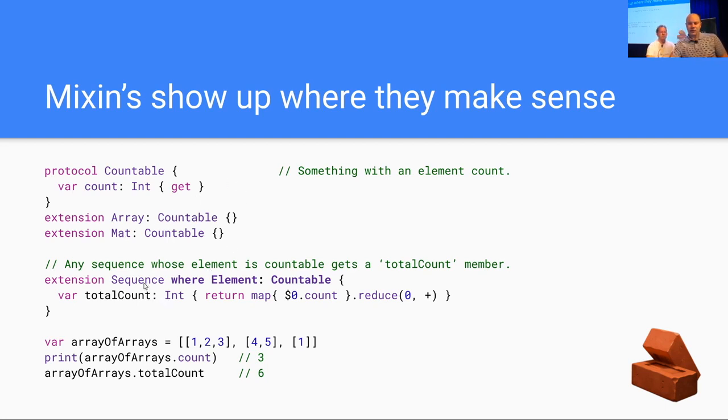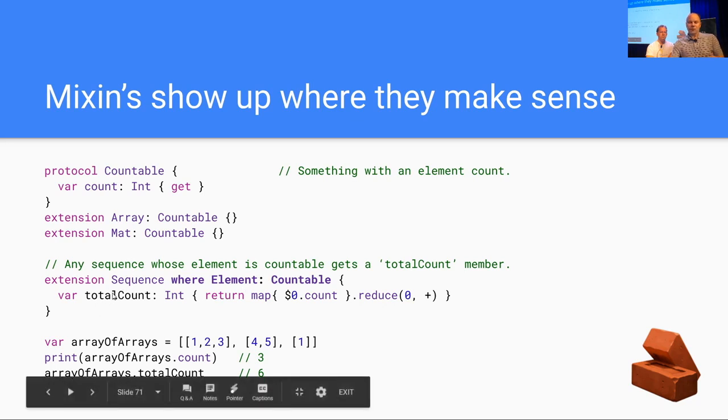And then Jeremy says, hey, take any sequence. Let's add a method or a property called totalCount to anything that's a sequence. A sequence is the same as Python's iterable, so anything you can iterate through. Exactly. This is things like dictionaries and arrays and ranges, all of which are sequences. And so long as the element is countable, so I have an array of countable things, then I can get a totalCount property.